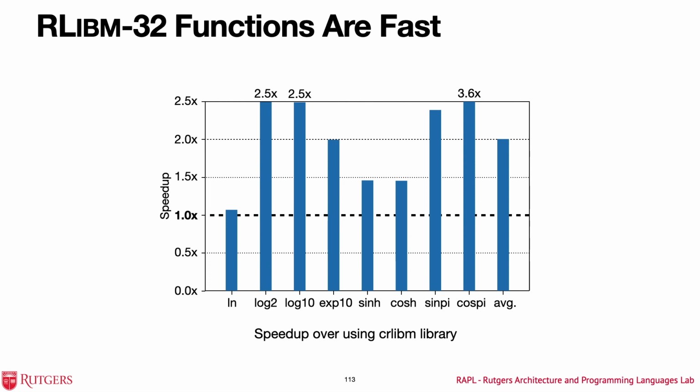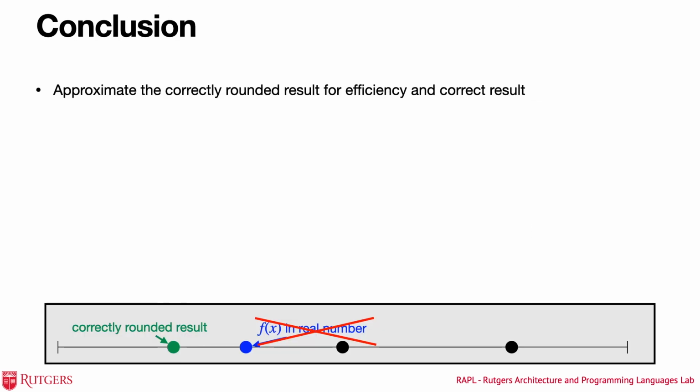On the other hand, mainstream math libraries do not produce correctly rounded float results for all inputs. In conclusion, we make a case for approximating the correctly rounded result rather than approximating the real value of the elementary function, and use LP formulation to generate polynomial approximations. To make LP formulation feasible for 32-bit representations, we propose 3 new techniques.